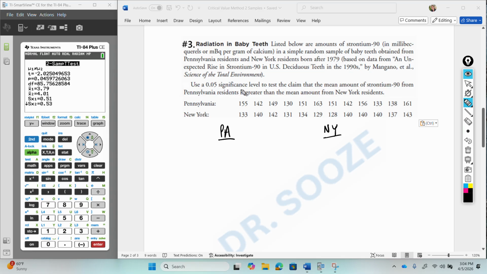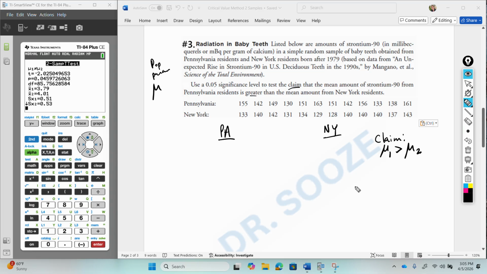Use a 0.05 significance level to test the claim that the mean amount, so once again, our population parameter is a mean, the mean amount of strontium-90 from Pennsylvania residents is greater than the mean amount of strontium-90 from New York residents.